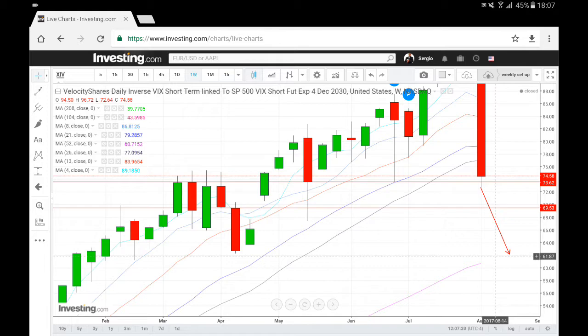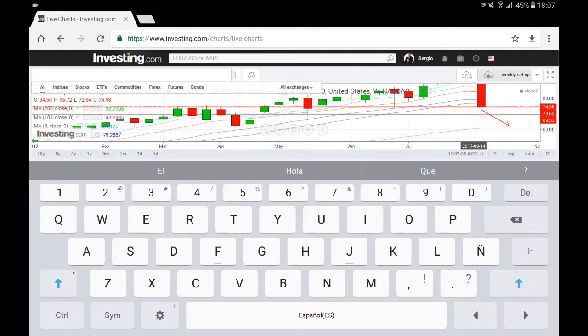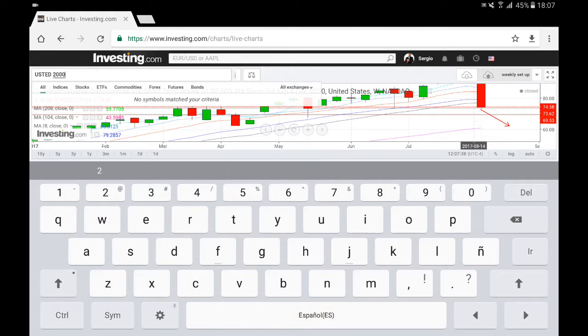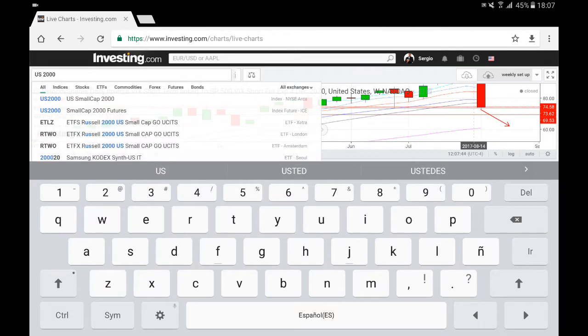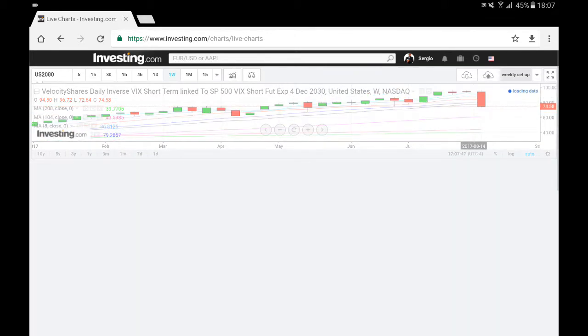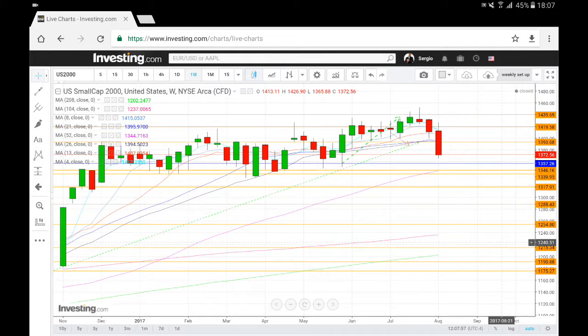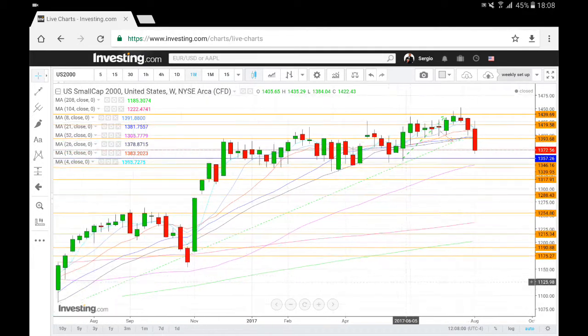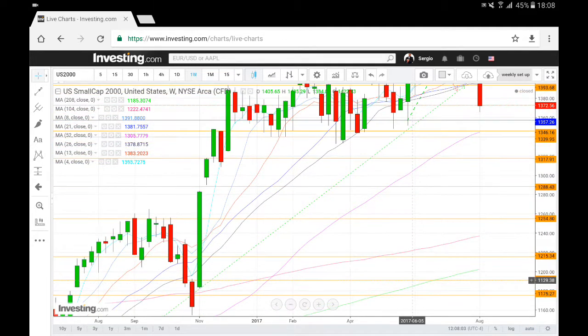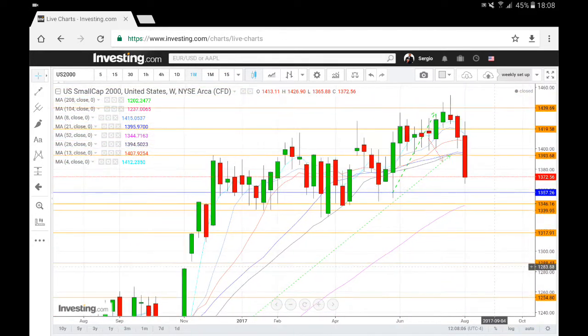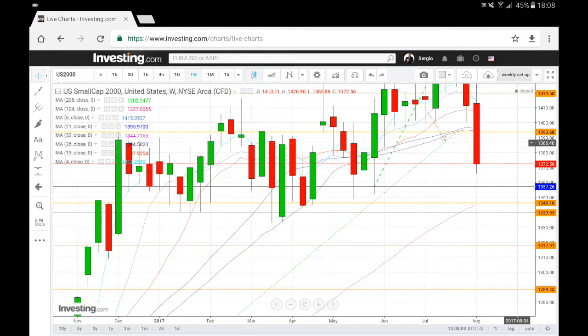Okay, so that's it. Let's move on now. We're going to have a look at the Russell 2000, small caps, US 2000. Okay, and over here also a bearish week, as you can clearly see here on the chart. See, huge bearish candle, same thing as we saw earlier with the XIV.